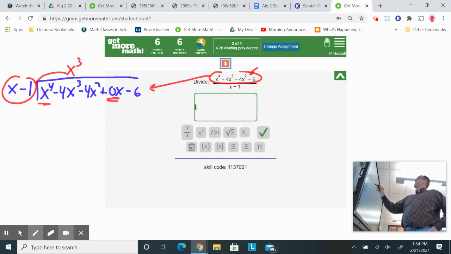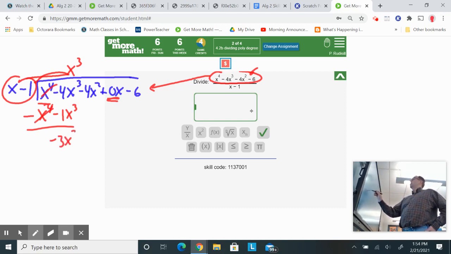Times negative 1 is negative 1 x to the third, or just the opposite of x to the third. X to the third times x gives me x to the fourth. I subtract. The x to the fourths are gone, and negative 4 minus negative 1 is the same as plus 1, which is a negative 3x cubed. Watch out for your negatives.